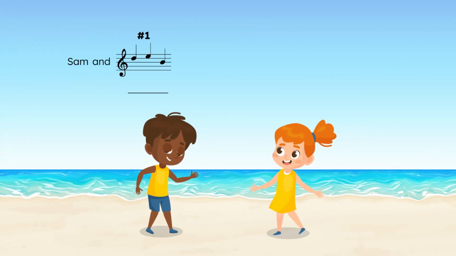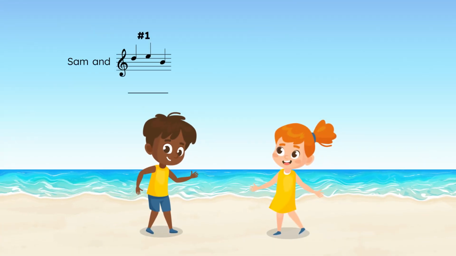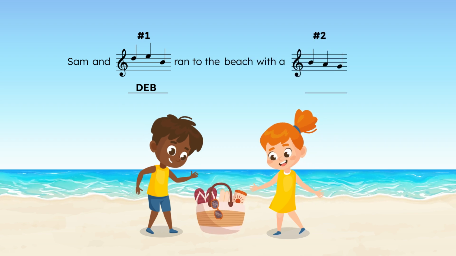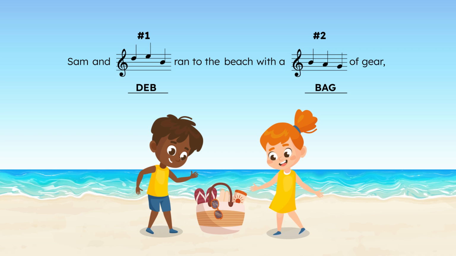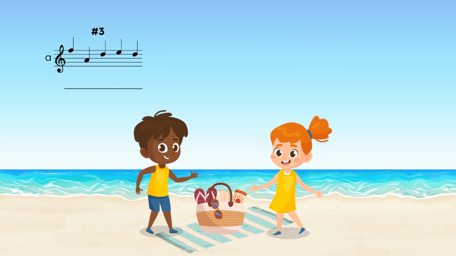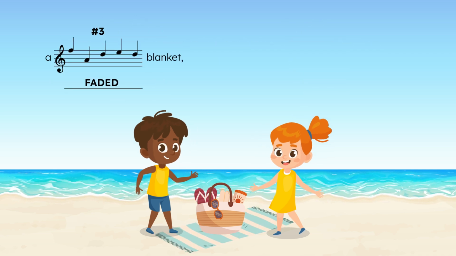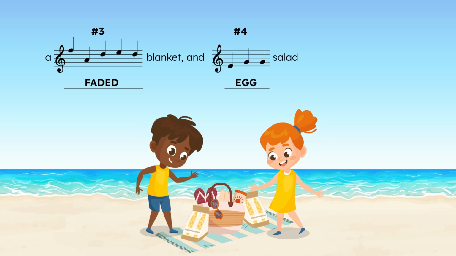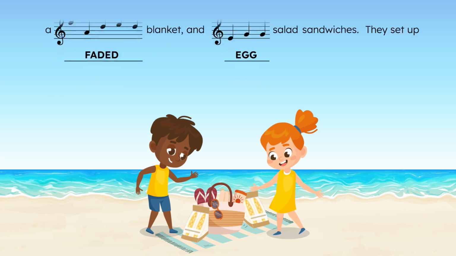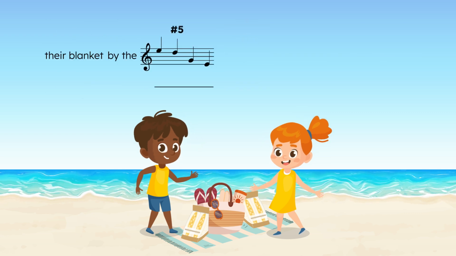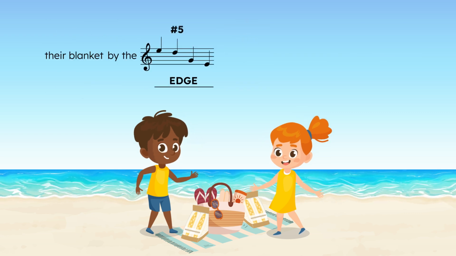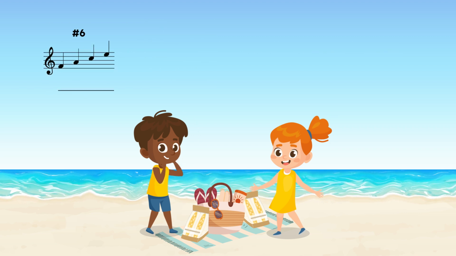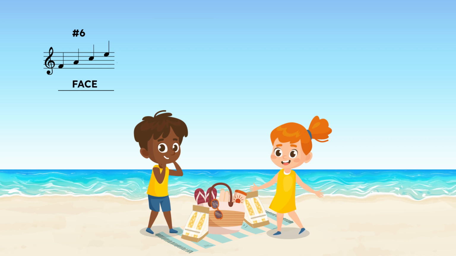Sam and Deb ran to the beach with a bag of gear, a faded blanket, and egg salad sandwiches. They set up their blanket by the edge of the water. Sam put sunscreen on his face.